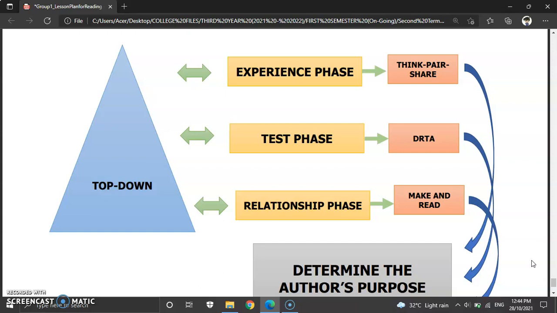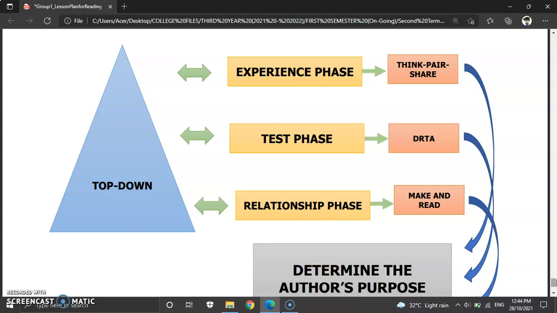In this part, from the directing, the students will predict, skim, and scan what kind of text it is, whether it persuades, informs, or entertains, as stated in our learning competency.